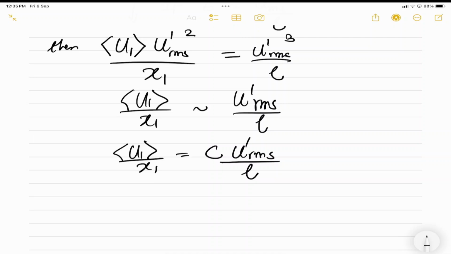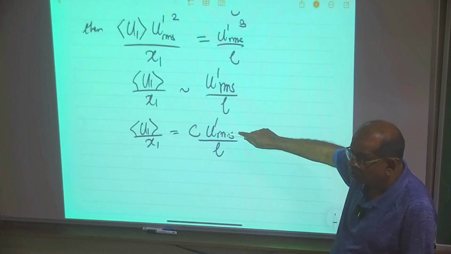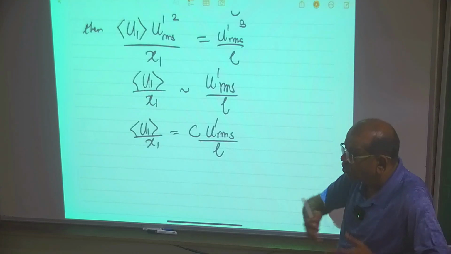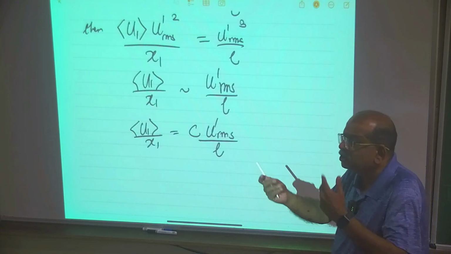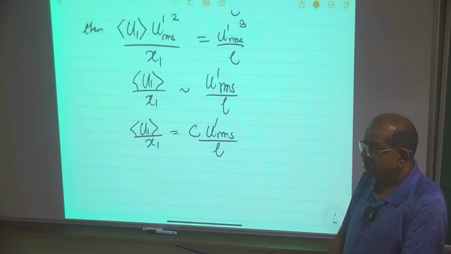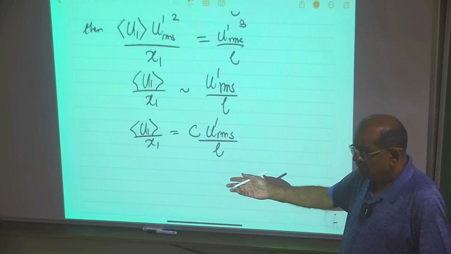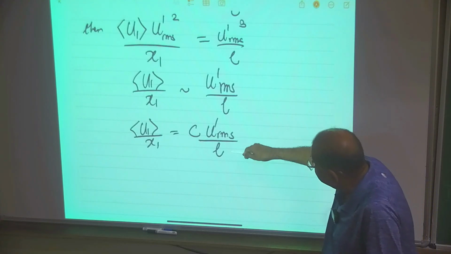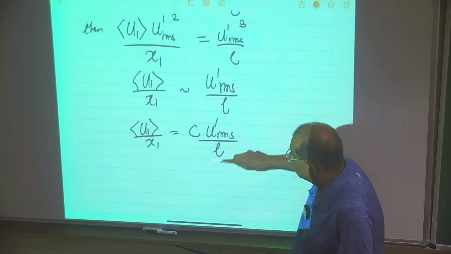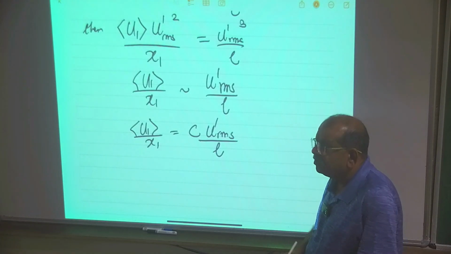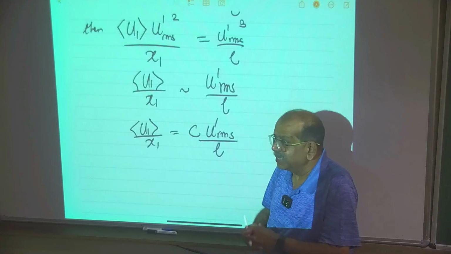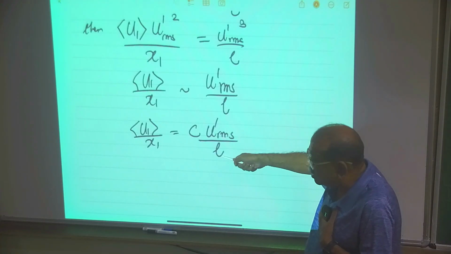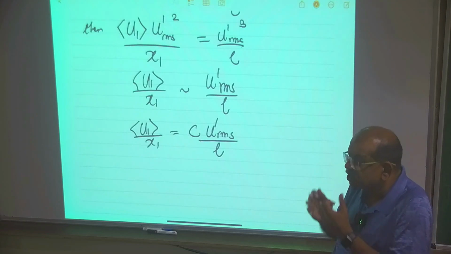I wanted to find out how kinetic energy, which is the square of u prime RMS, changes with x. What do you expect to the kinetic energy? It should decrease. And how does L change? We don't know. So we have a relation with x1 for this ratio, but we don't have a second relation. I need to find a second relation to find how each of these change with x1.